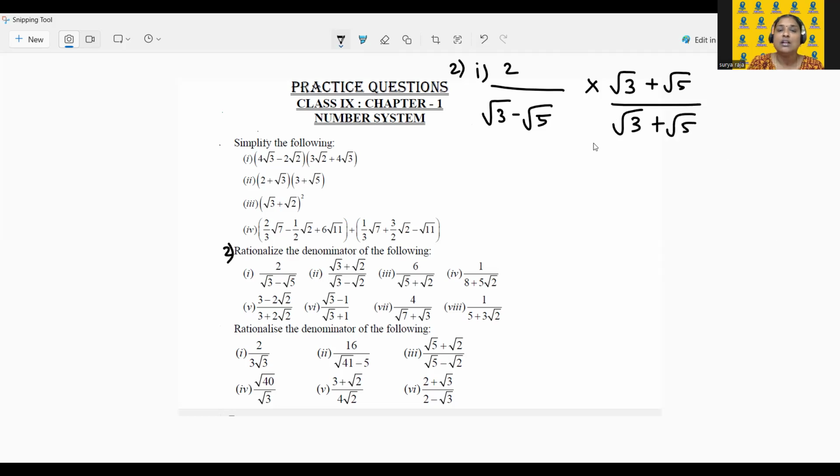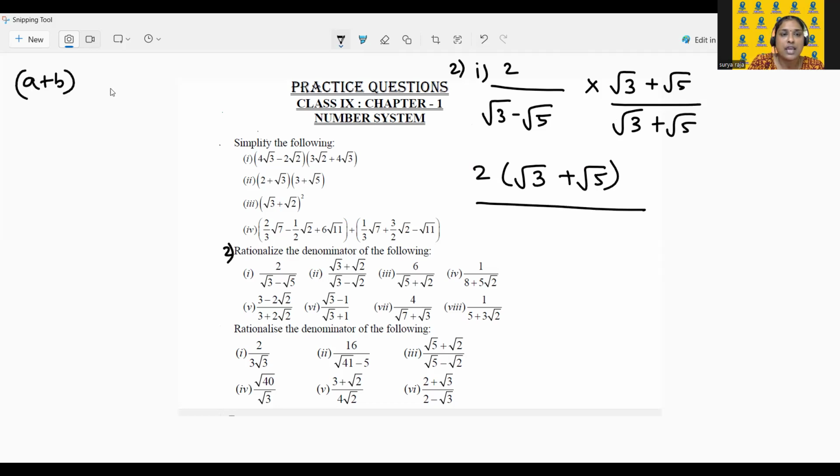Now, after this step, whatever we have done before, the same would be followed here. See, let me show you. 2 times square root of 3 plus square root of 5 over. See, can you see the a plus b into a minus b equals a square minus b square format?